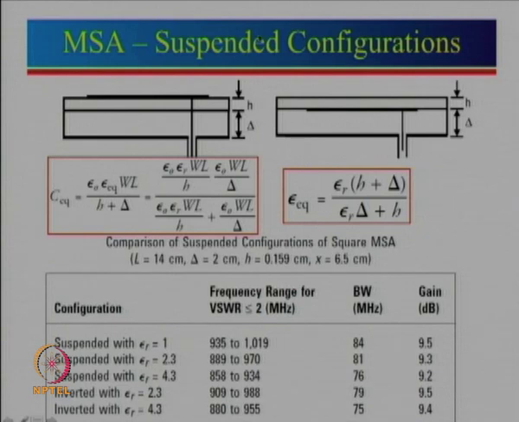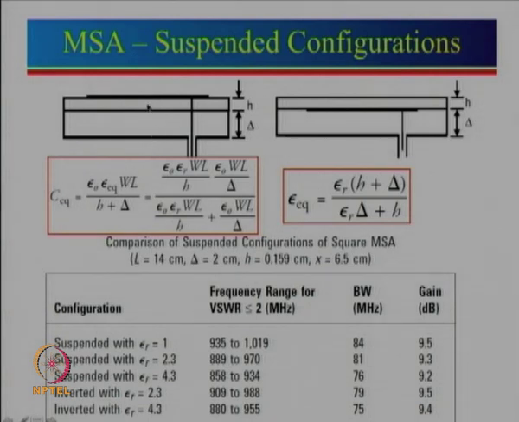Now comes the next part: what if it was a metal plate only? We have shown the configuration with epsilon r equal to 1. For a metal plate, one of the commonest approaches is that you put a shorting post right at the center. By putting a shorting post here at the center, we can provide support to the patch.